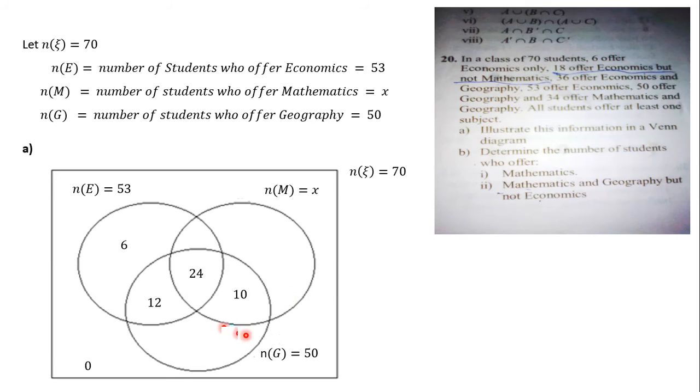So now let's get the parts. Let's start with this part. Let's use a letter G to represent them. Then this part is geography only. Then this part, let's use E. This part represents both economics and mathematics, but not geography.